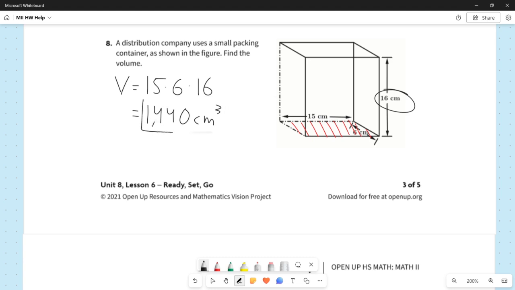And that is my answer, 1440 cubic centimeters. And again, notice that the order doesn't really matter here. As long as you multiply these three numbers in any order, you will get 1,440. I just like to think of it as the area of the base times the height.